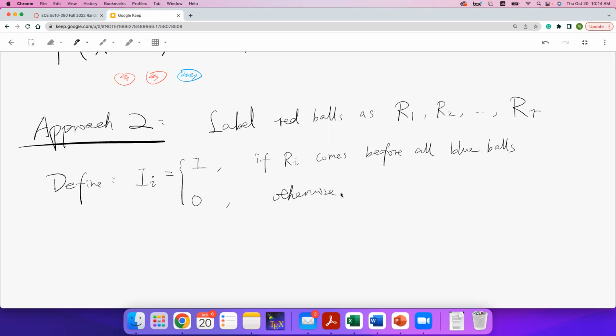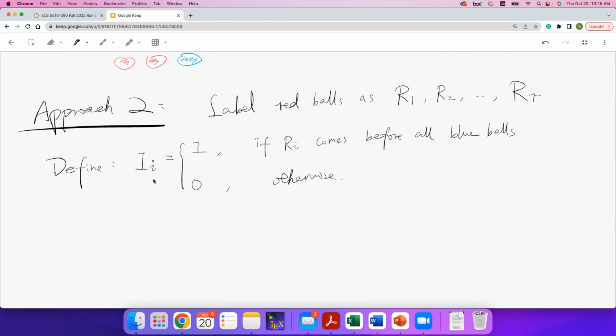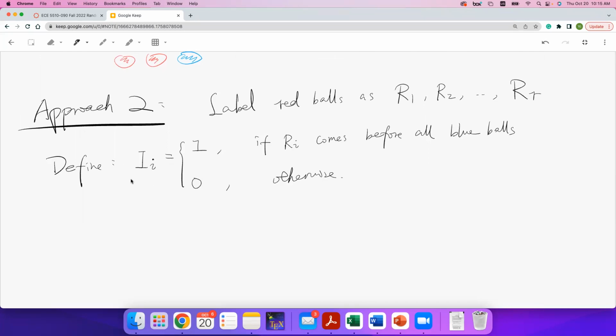Right. I give every red ball a label, and for each red ball, I define an indicator associated with it. This indicator tells me if this red ball is selected before all the blue balls. And apparently this is a random variable because the event that the ith red ball is drawn before all the blue balls is a random event.